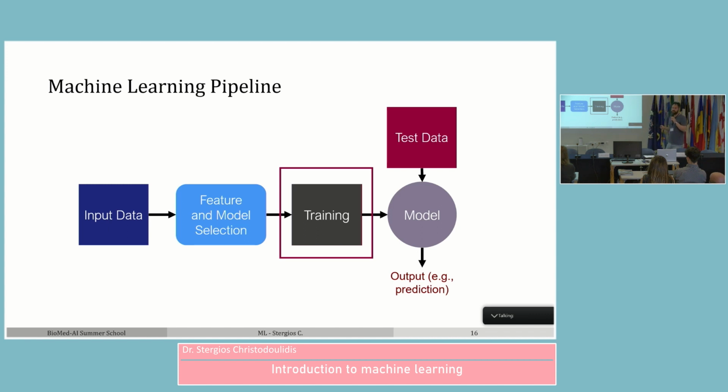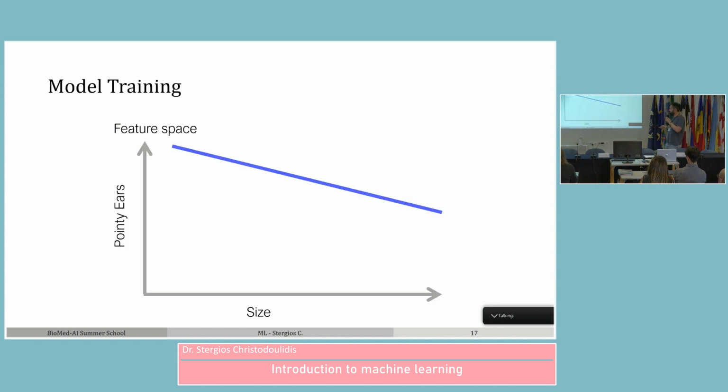And the training process is what eventually makes the model do what you want, in fact. And the way you do this is that all these models are in some way parametric, okay?